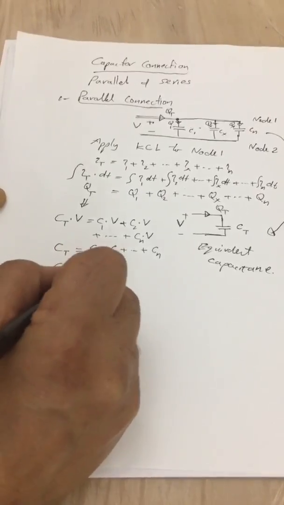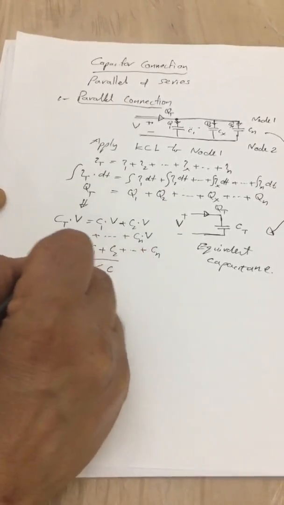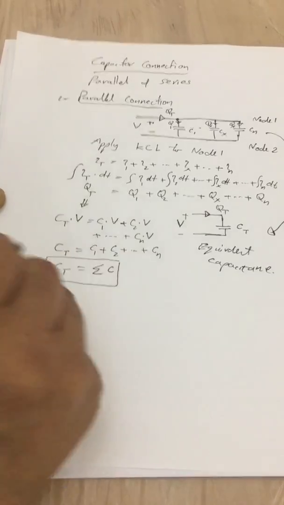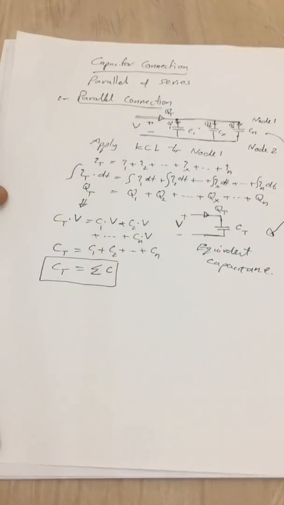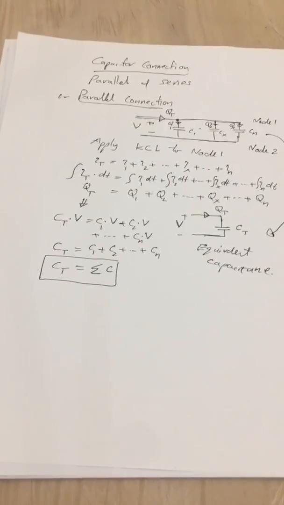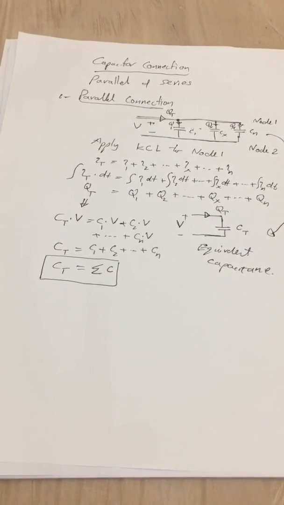So C total is equal to the sum of the capacitors. So if we have a parallel connection of capacitors, then the total capacitance is the summation of all individual capacitors together.